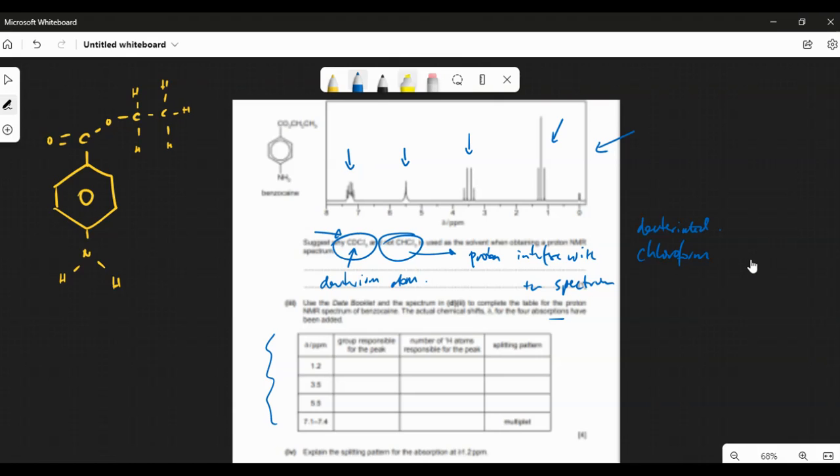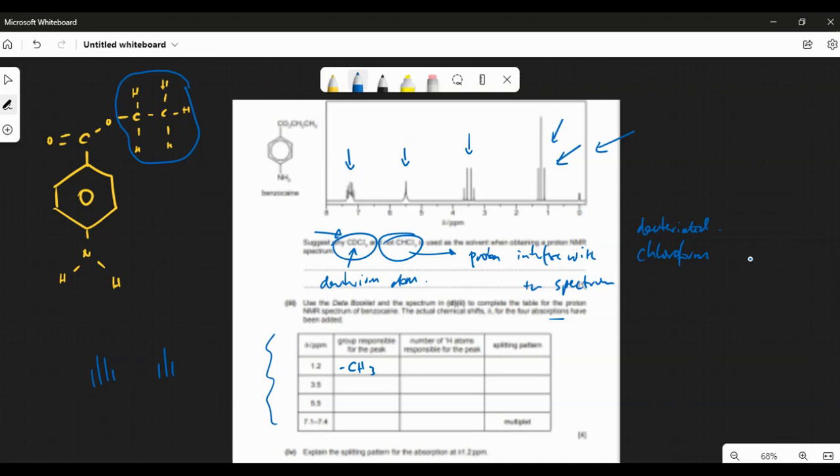First of all, what I can say about this is you've got a classic CH3CH2, and that is classic. The CH2 is next to 3, so that will be a quartet, and the CH3 is next to 2, that will be a triplet. So this one here, the group responsible for this is the CH3 group at the end.